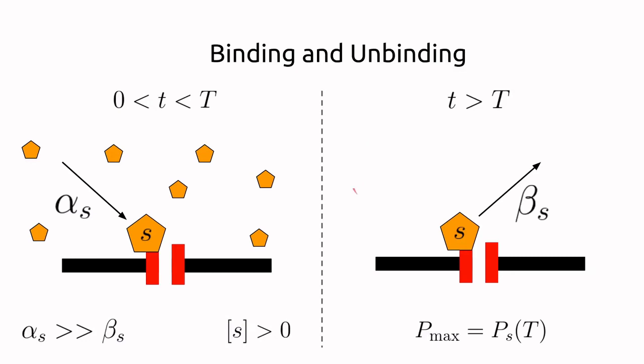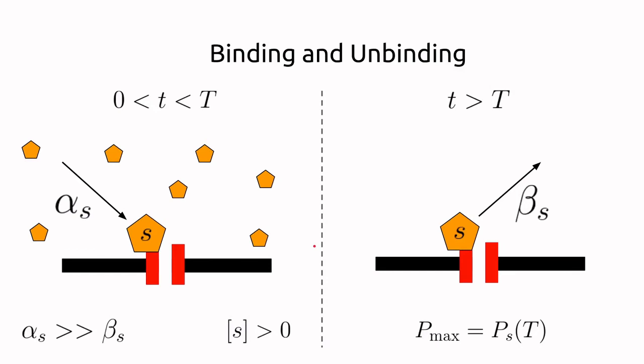And so we're going to break this up into two windows, one from 0, which is the point of neurotransmitter release, up until capital T, which is the end of the binding process. And then the unbinding process happens after capital T.